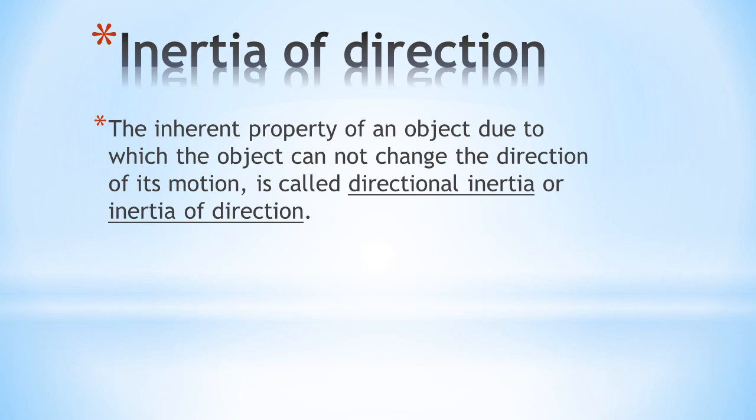An object does not change its direction unless an external force is applied to it. For example, if a vehicle in motion along a straight line suddenly turns, the passengers sitting in it are thrown opposite to the direction of the turning. So these are all the three types of inertia.